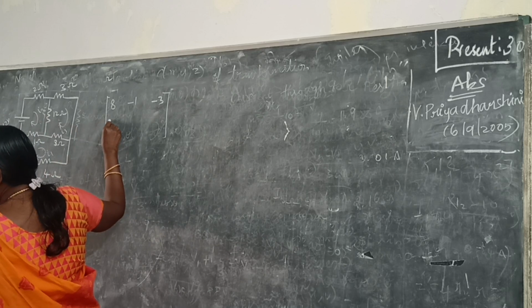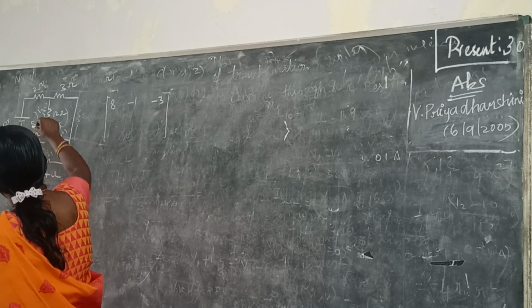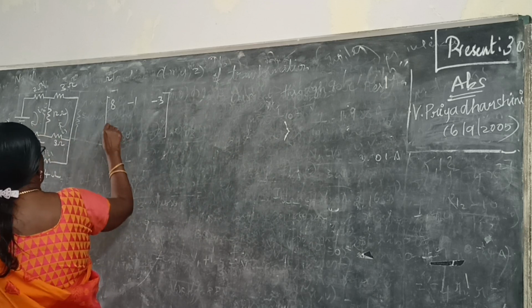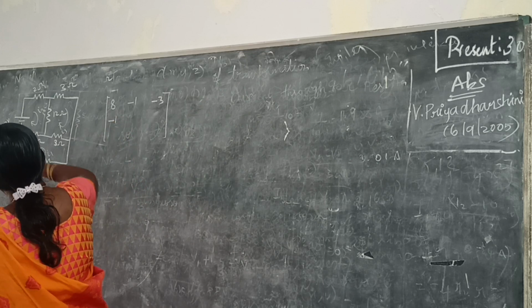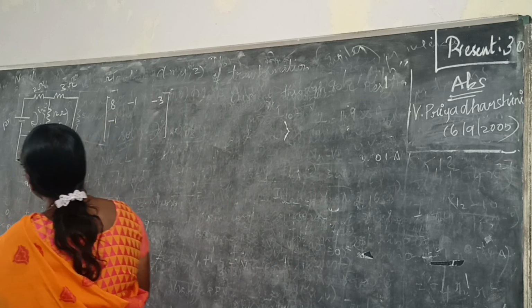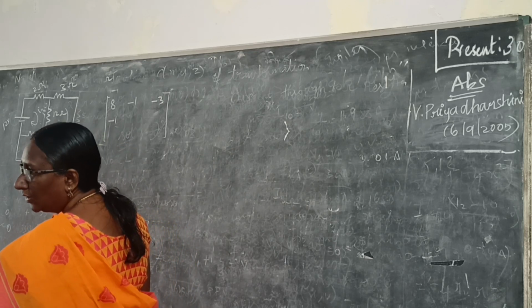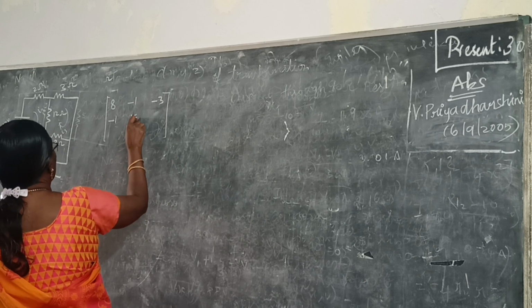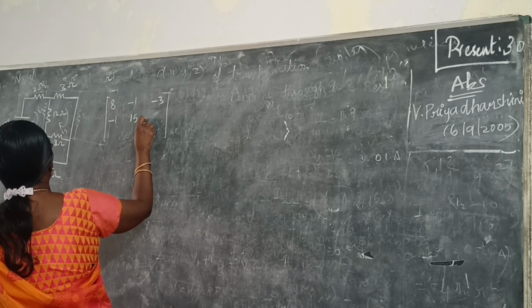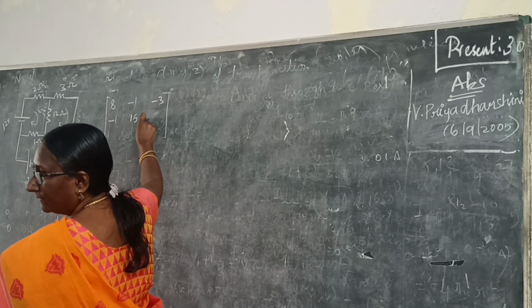The element lies between 2 and 1. -1. Then the elements present in loop 2: 2, 12 and 1. The total is 15. Then the next one? Between 2 and 3.